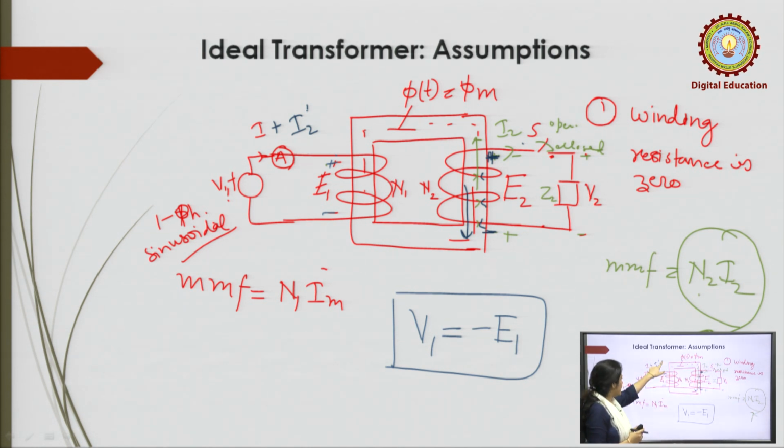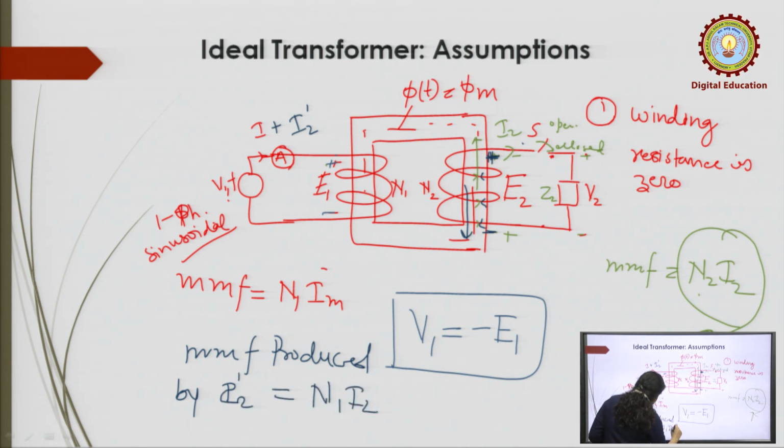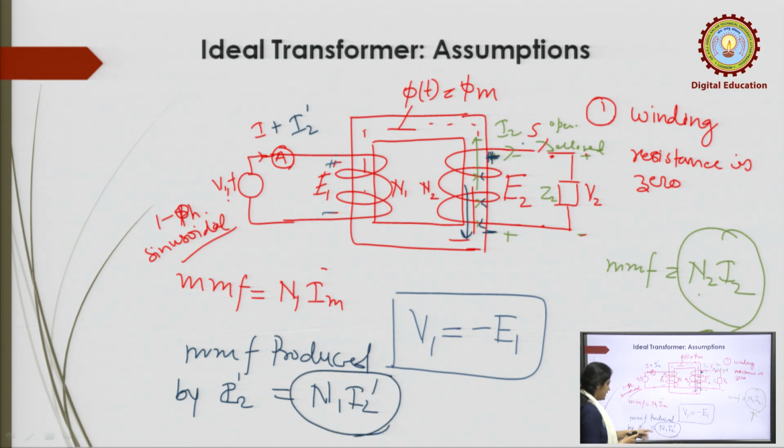The MMF produced by this I2 dash is N1 I2 dash, and this MMF N1 I2 dash must be equal to N2 I2, so that all the flux produced by N2 I2 is nullified by the flux produced by N1 I2 dash.